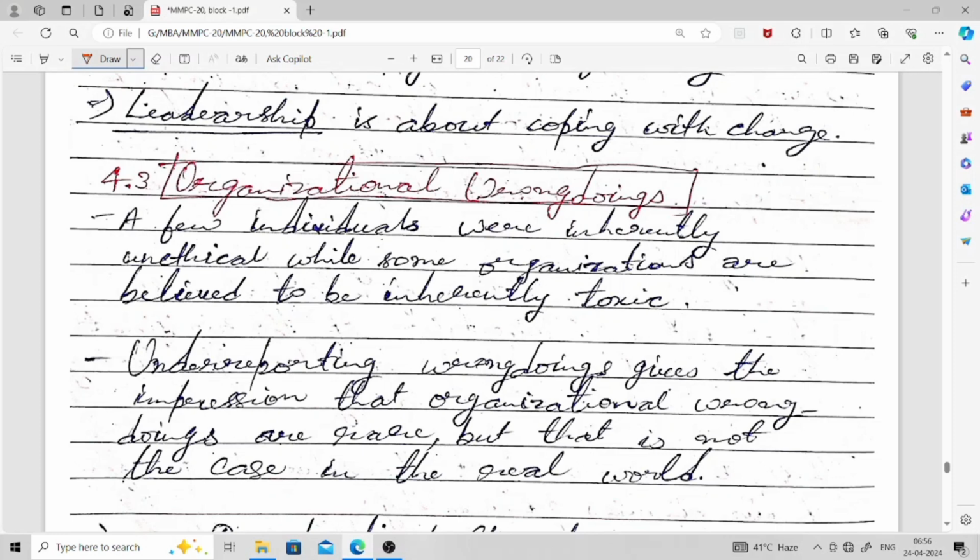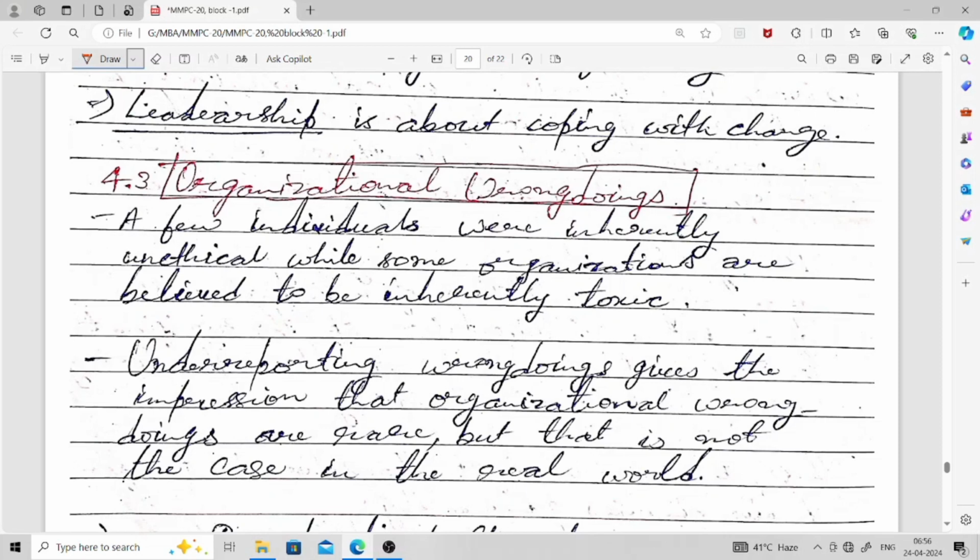A few individuals are inherently unethical, while some organizations are believed to be inherently toxic. Some individuals working in the organization may be inherently unethical, meaning they are unethical on their own.